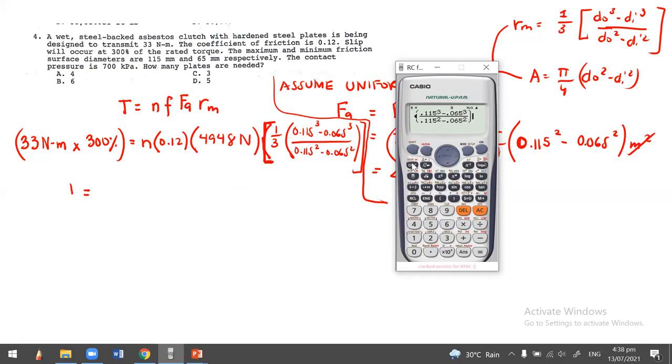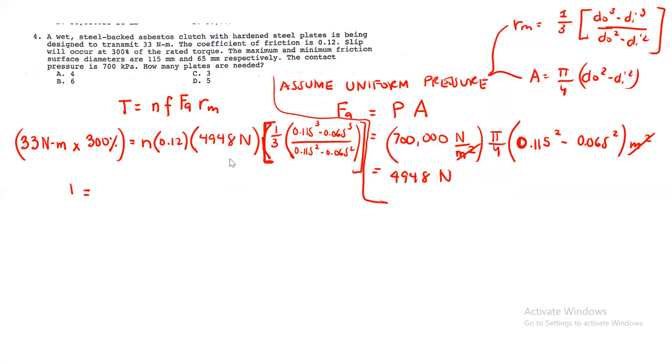Shift solve. So 3.62. Para makuha natin yung n is equals to 3.61. No? So approximately equal to 4. So the number of plates is letter A, 4.